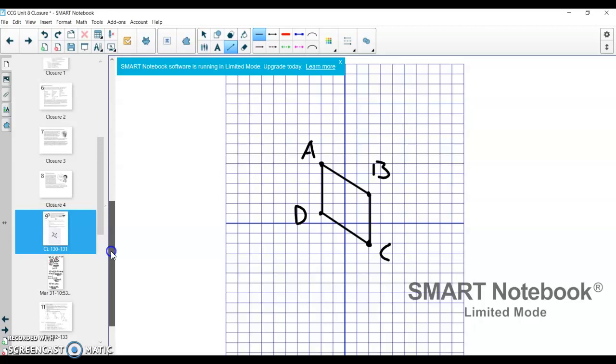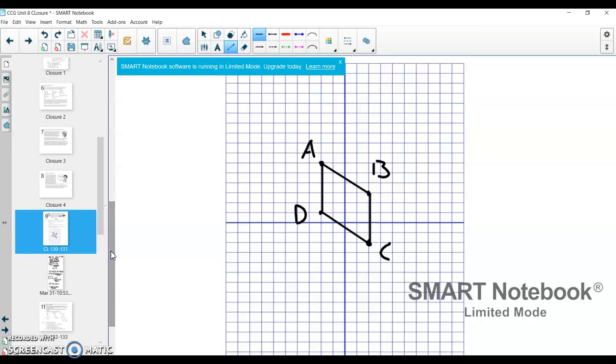Let's first look at the slopes, because slopes are going to help me see if these are actually even parallel. The slope of line AD, it's always rise over run. And here I have rise.